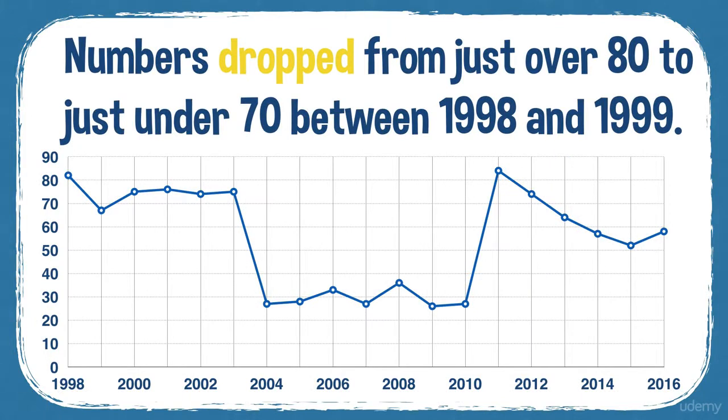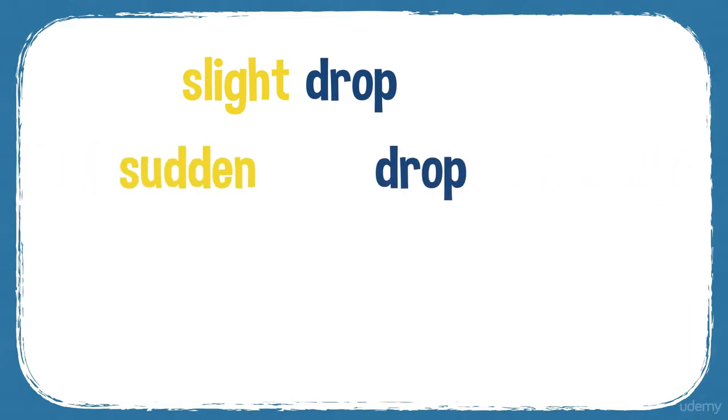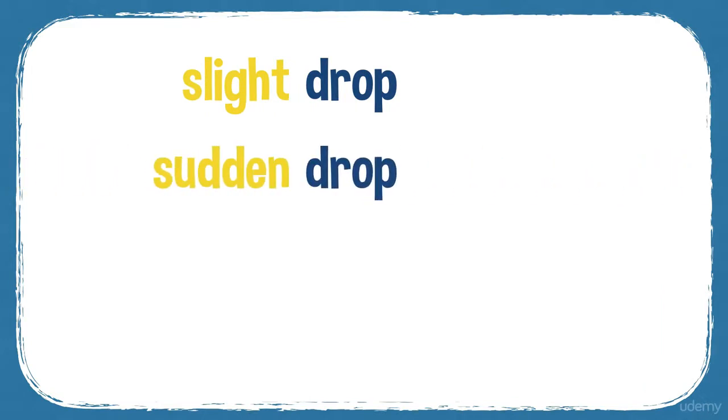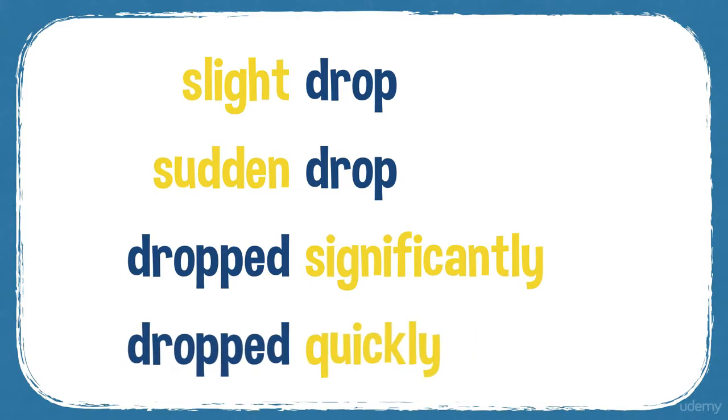Numbers dropped from just over 80 to just under 70 between 1998 and 1999. So because drop is a very general word, you need to use adverbs or adjectives with it most of the time. So a slight drop or a sudden drop. If you're using drop as a noun and as a verb, dropped significantly, dropped quickly.